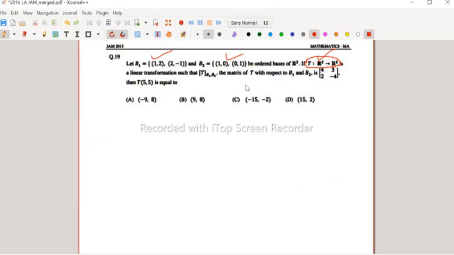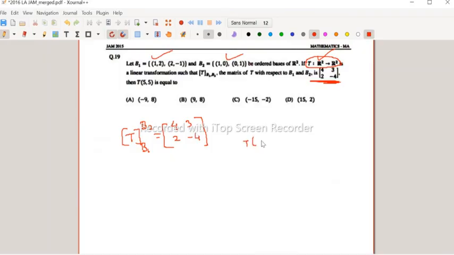Now they are given that with respect to these bases, this is the matrix representation of this linear transform, T from B1, the domain basis, to B2, the codomain basis. We get the matrix representation [4, 3; 2, -4]. So this is the matrix representation of the linear transformation T. So that means what?